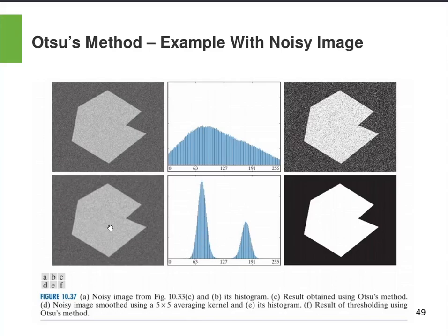But if the object was very small, in that case the peak for the object would be much smaller. Since Otsu's method doesn't take into account any of such information, if you have a large gap between the sizes of the areas occupied by the object and the background, the result of Otsu's method will be skewed, so it's not going to be ideal.